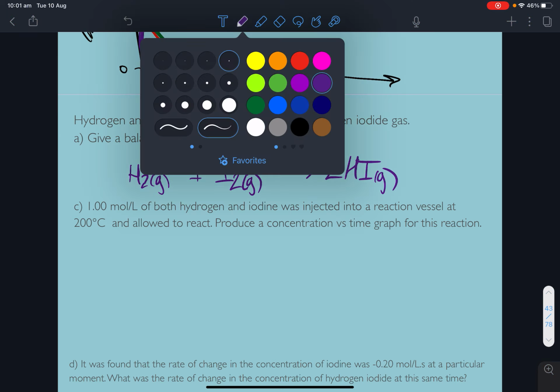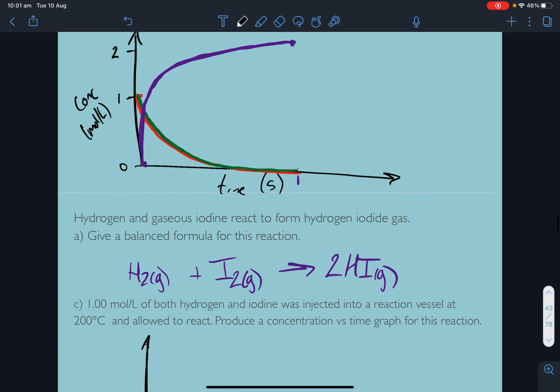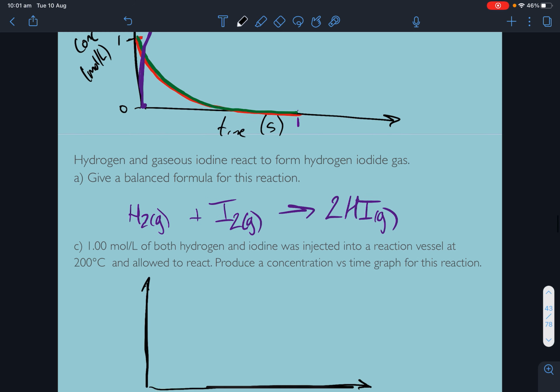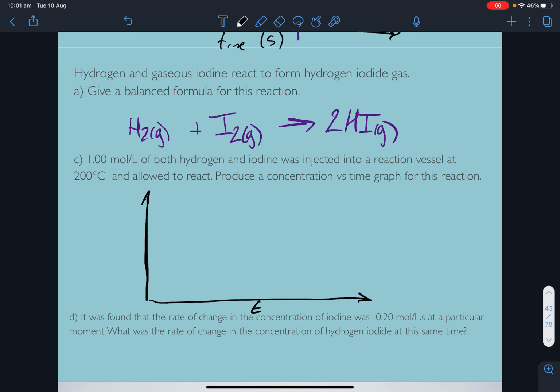Now we're asked for a graph, but the condition that we've changed is increased temperature. So they're both going to start and end at the same time, but it's going to be steeper. I haven't given myself much leeway with the purple, have I? So time and concentration in moles per litre.